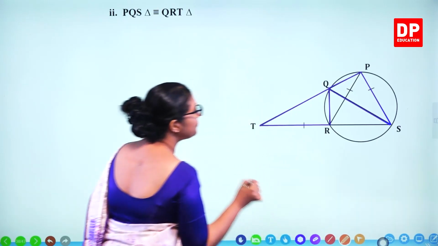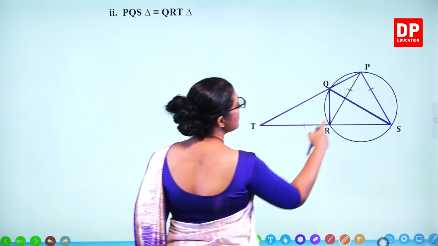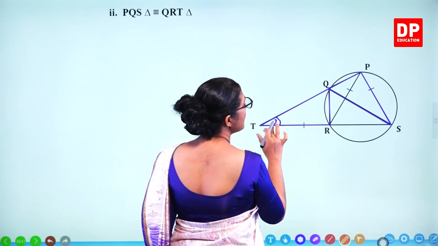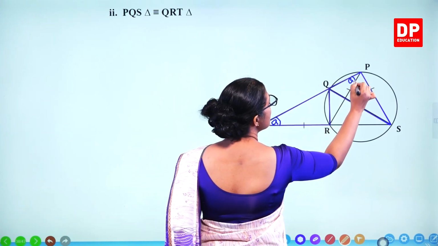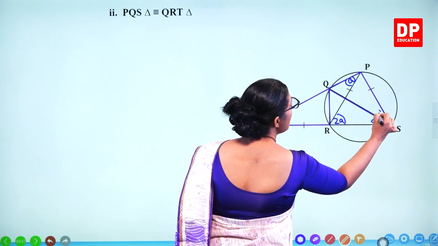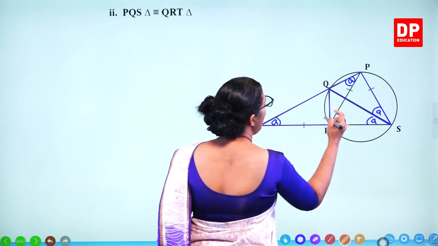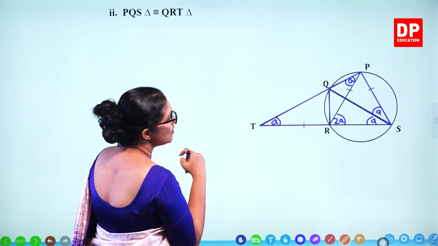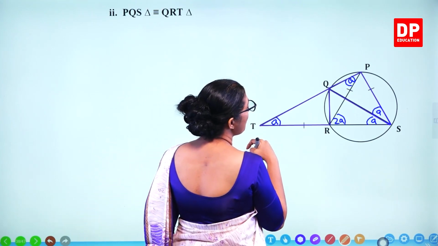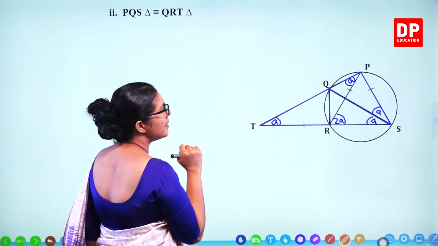Let's do it. This length is equal to this length. And we can mark the angles we did before. This is A, this is 2A, this is A, and what else we had? So those are the lengths we had.